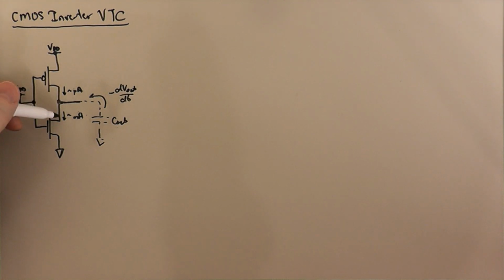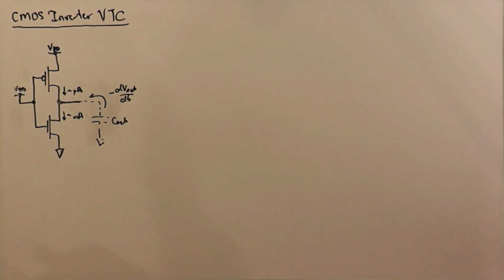And eventually, again, we're going to wind up with just enough drain to source voltage across the NMOS transistor so that we can pass whatever amount of saturation current the PMOS transistor is passing. So again, it may only be like 100 microvolts or 10 microvolts or something like that across this transistor. We're going to be very near ground. And so that's how, with a high voltage on the gate, we wind up near ground.